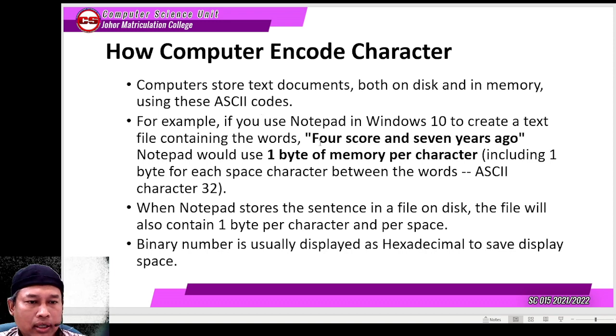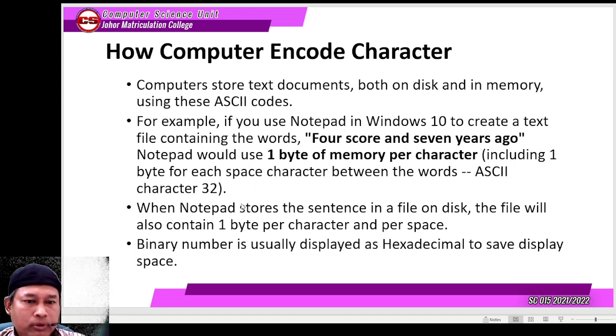So you must count the characters, this is number 1, number 2, number 3, and the spaces must be counted too. 1, 2, 3, 4, and 5 spaces. So the spaces must be counted and added to your characters.